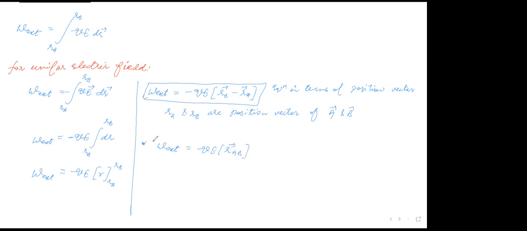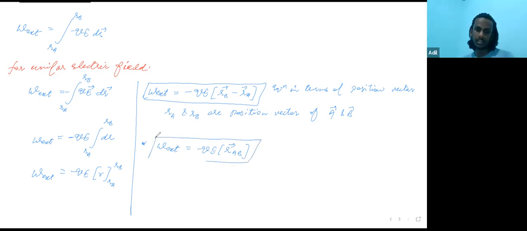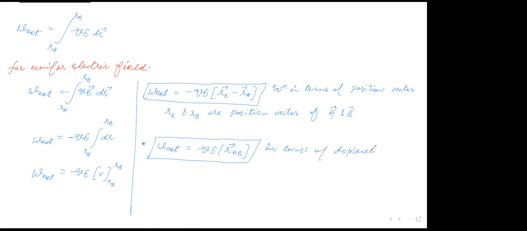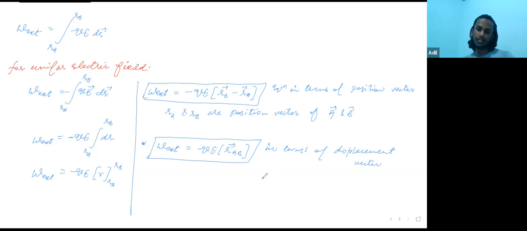This is the equation of work done by external force in terms of displacement, because we already know R of AB is equal to RB minus RA.